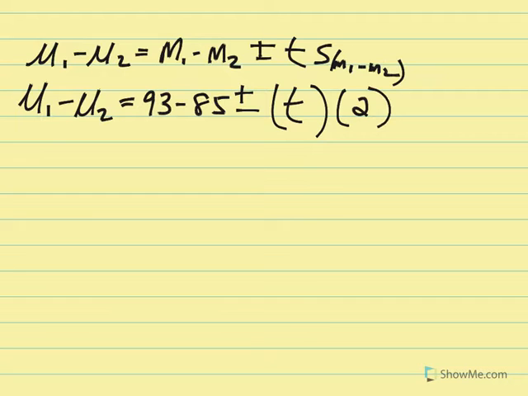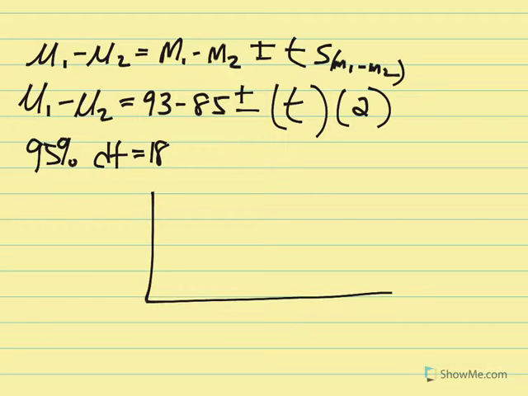So now to find what this t value is equal to, again, we had set 95% as our confidence interval, and we need our degrees of freedom. Degrees of freedom for this example is equal to 18. So what we're saying is that we're 95% confident that the true population mean difference will reside within this calculated value.